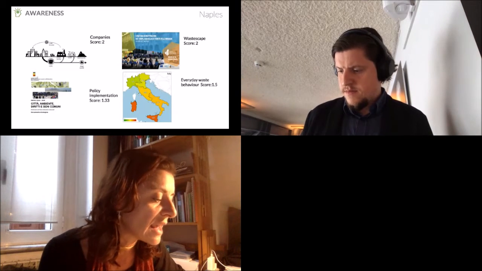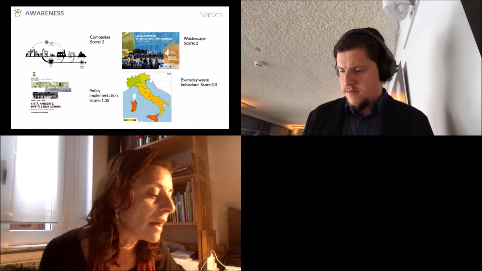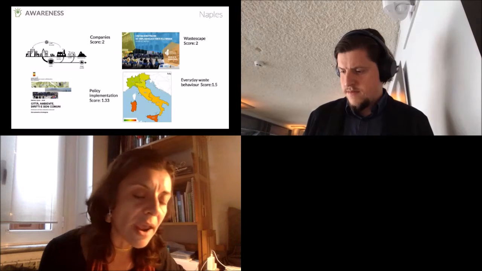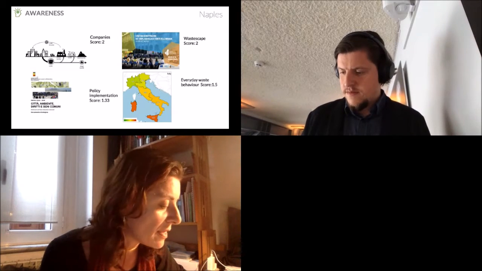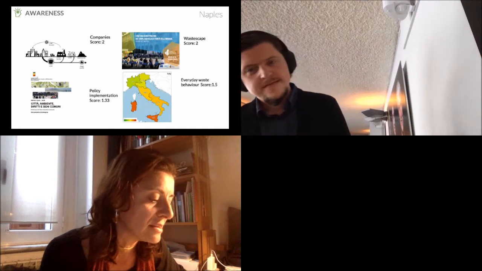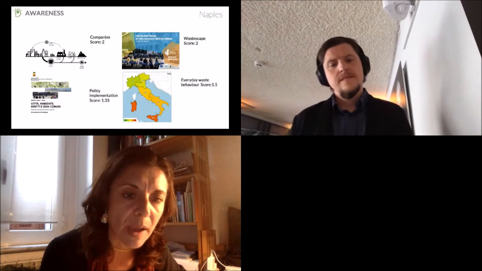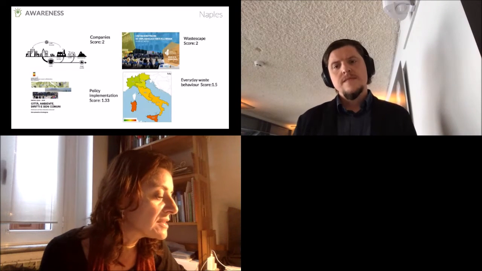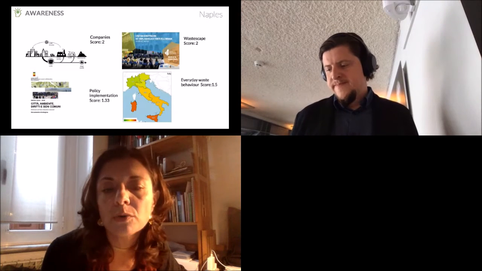Citizens are interested in the policy framework on circular economy, but not completely aware of how they can be actively involved in it. Although some of their actions are in the circular economy policy framework, they are not conscious about this. See, for instance, the case of the management of common goods in Naples.